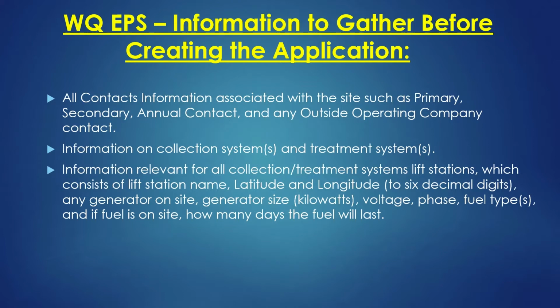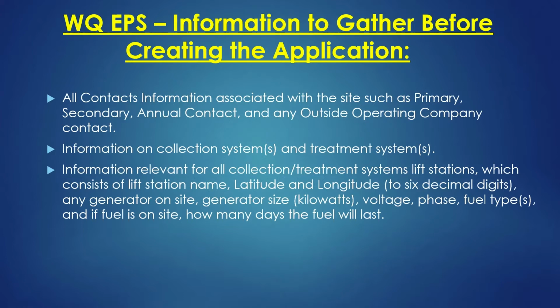Information for all contacts associated with the site that will be entered, including names, titles, addresses, telephone numbers, and email addresses. Information for any hired operating companies which operate your treatment plant or collection system, including the company name and contact information.